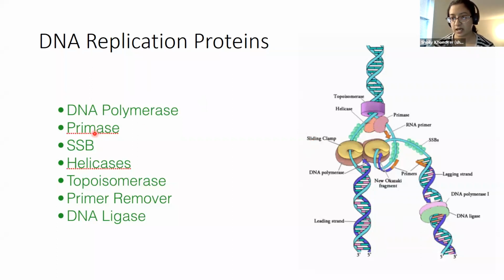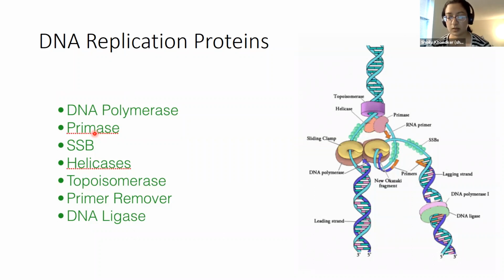DNA polymerase cannot start synthesizing DNA de novo, or from nothing. So it needs a short sequence to act as a primer that it can add more nucleotides to. The enzyme that creates this primer is called primase. Usually it's an RNA polymerase. It adds a short sequence of RNA to which the DNA polymerase adds new base pairs.